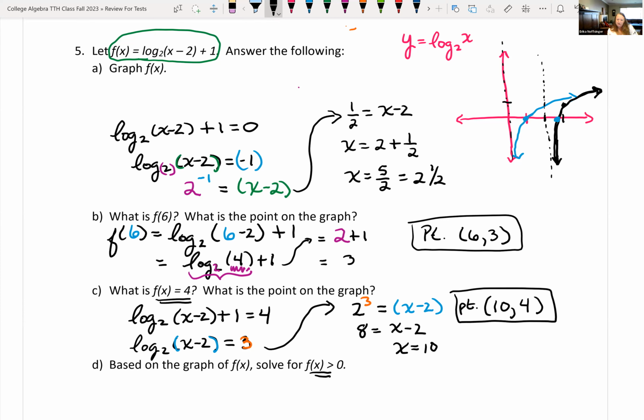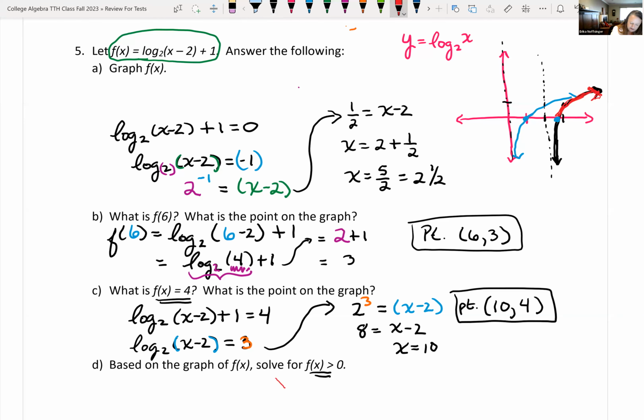So based on the graph of f of x, solve for f of x is greater than 0. And so I needed to know, and I saw this, that's why I went and found the x-intercept. So looking at this, I know my x-intercept was at 2.5. Notice that our graph is above the x-axis on this piece where we're bigger than 2.5.